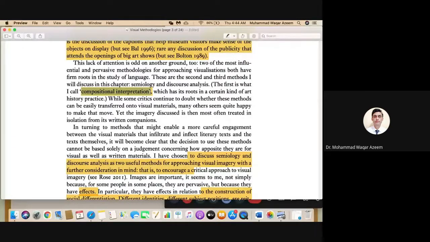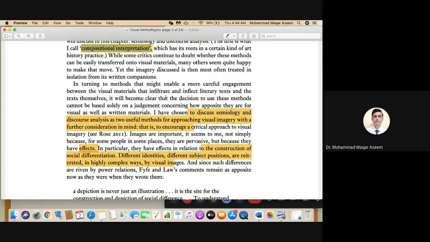But Gillian is putting them together, and she is calling them compositional interpretation, right? So compositional interpretation will be a method which simultaneously takes into account both the visual and the written text.